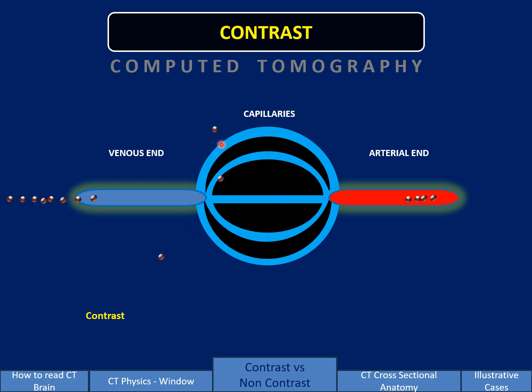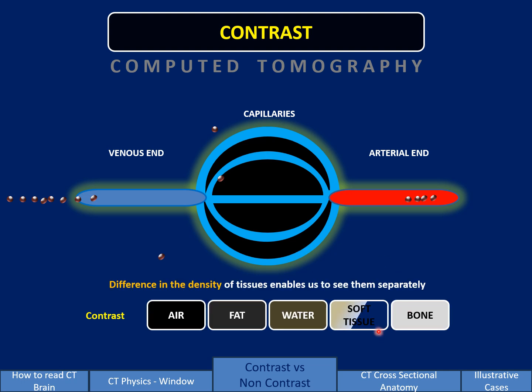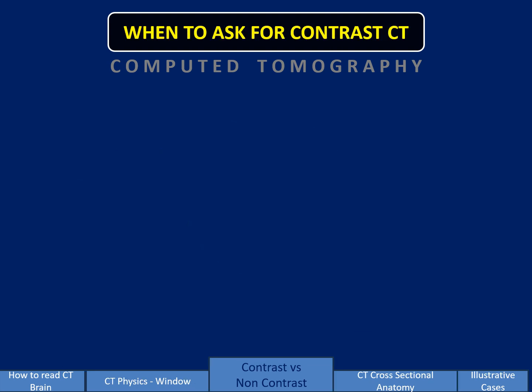Sometimes what happens is these contrasts leak out of the capillaries, especially when there is a damage to the blood-brain barrier. The contrast which we administer from the arterial side leaks into the capillaries and reaches the soft tissue. And hence the capillaries or the soft tissues are seen better. And as a result of it, the soft tissue differentiation is better when we administer contrast.